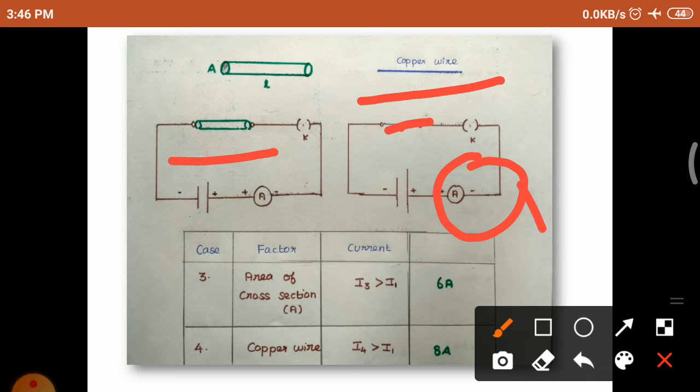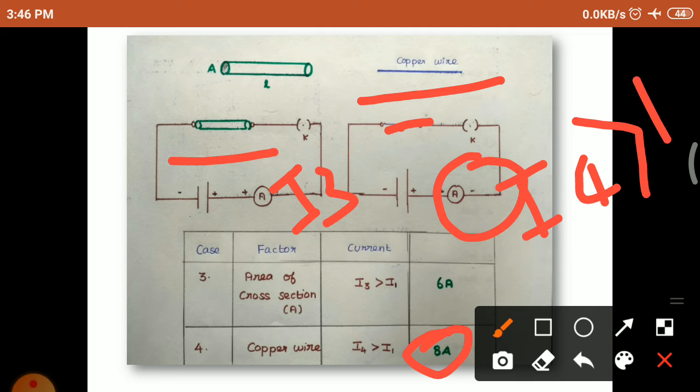The current value is I4, as in case 3 it was I3. It shows 8 ampere. So comparing to I1, the I4 value also increased. So I4 is greater than I1, and in the third case, I3 is greater than I1.